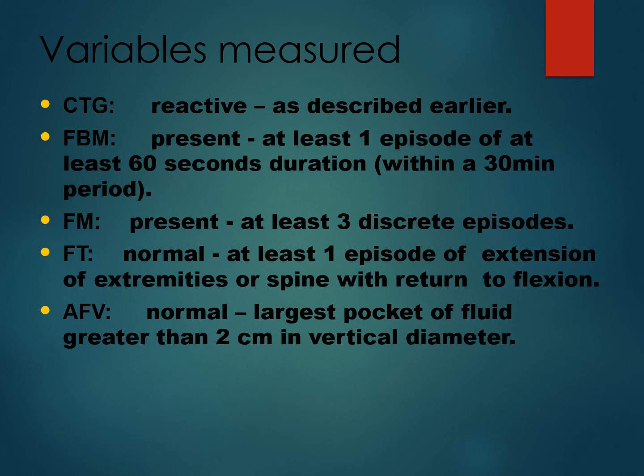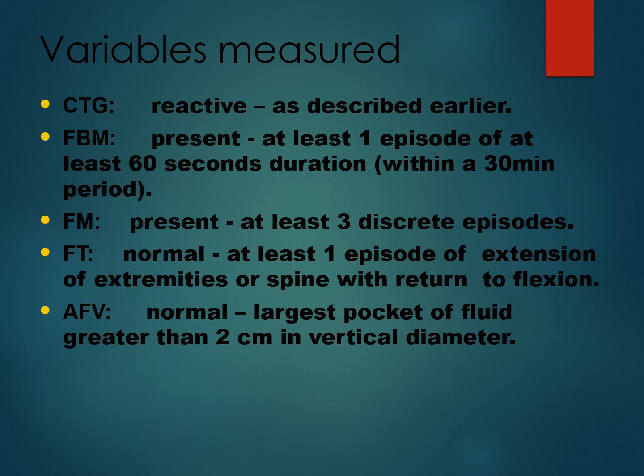Fetal movement: at least 3 discrete episodes of movements. Fetal tone: the normal position of the baby is the flexed position. So if the baby does just one episode of extension of extremities or spine with return to flexion, this is considered a good fetal tone.